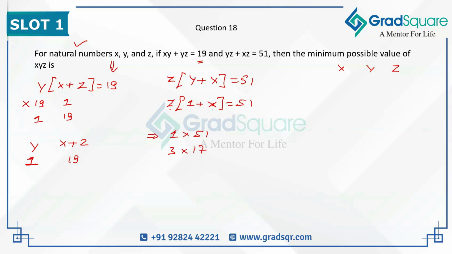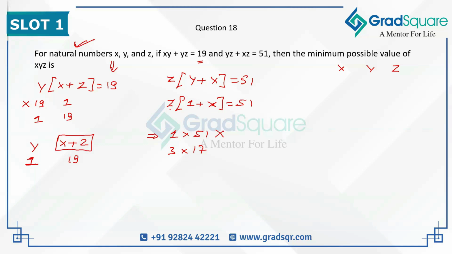So if Z is 1, X will be 50, which is not satisfying the first equation where X plus Z must be equal to 19. Hence Z being equal to 1 does not suffice. Same way, if Z equals 51, then 1 plus X should be equal to 1, then X will be 0. That will also not be correct because X, Y, Z are natural numbers.